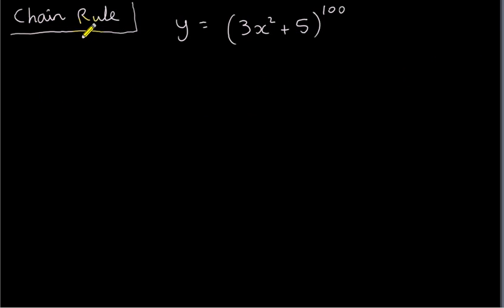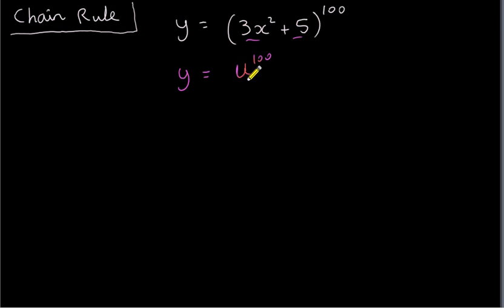So a very useful way around this is something called the chain rule, where we write our function as y equals u to the power of 100. So we have two terms here, we write them as a single term, u. So we have a single term to the power of 100.